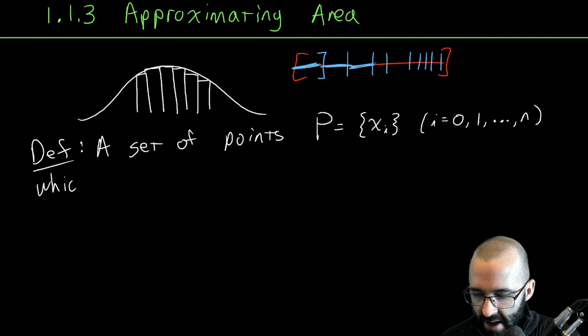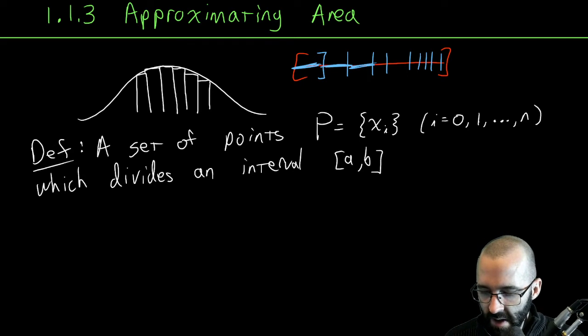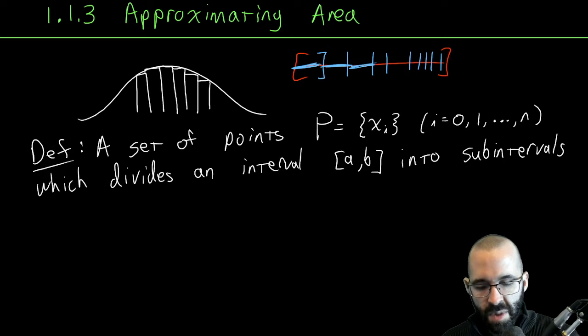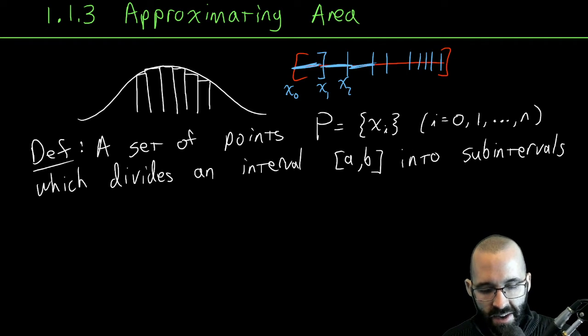And let's say this set of points divides an interval from a to b. Let's say it's a closed interval, okay? And it divides that interval into subintervals, just like we have in the picture. In this picture, a would be x_0, and then the first mark would be x_1, and then x_2, x_3, x_4, x_5, x_6, x_7, x_8, x_9, x_10.